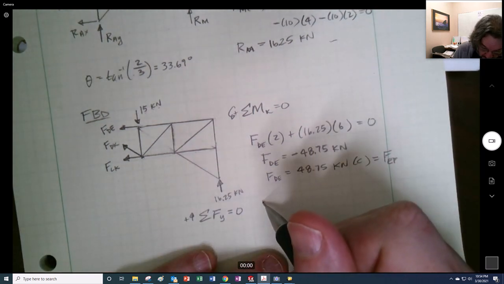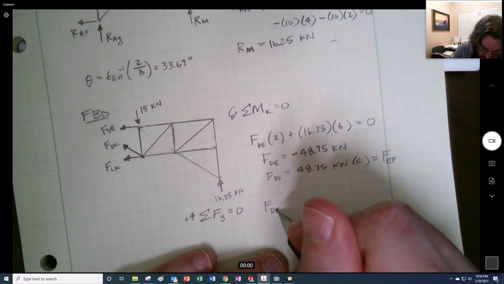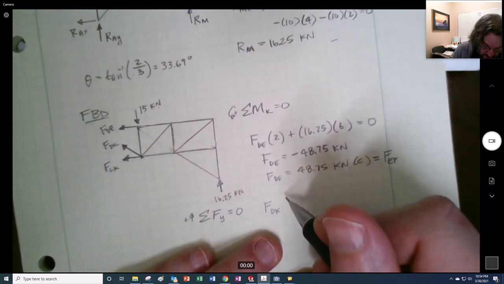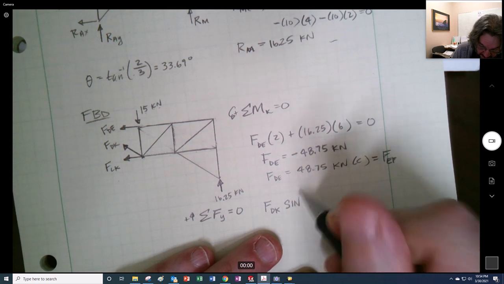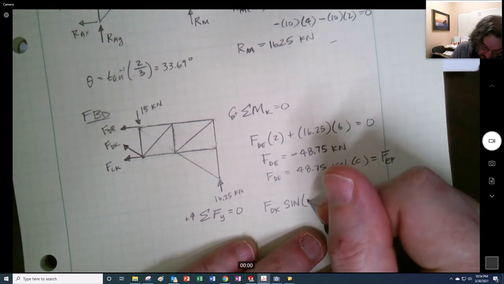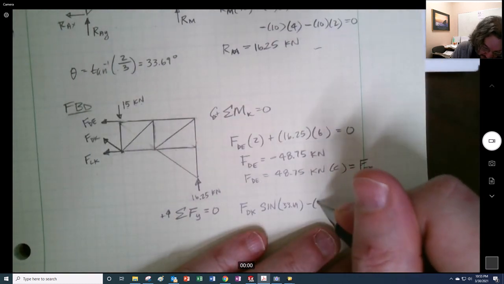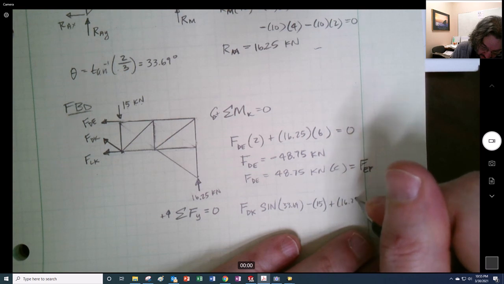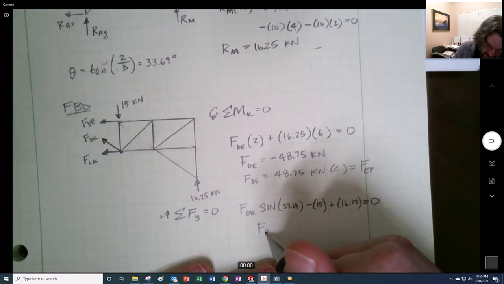And since we have F dk, right, is coming upwards, I'll keep it as positive, but it's going to be the sine of 33.69. It's going to be minus 15 plus 16.25. So we're going to find an F dk.